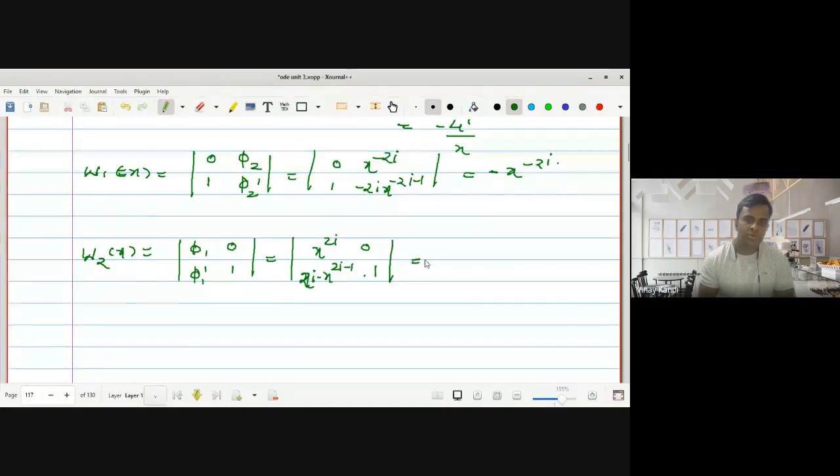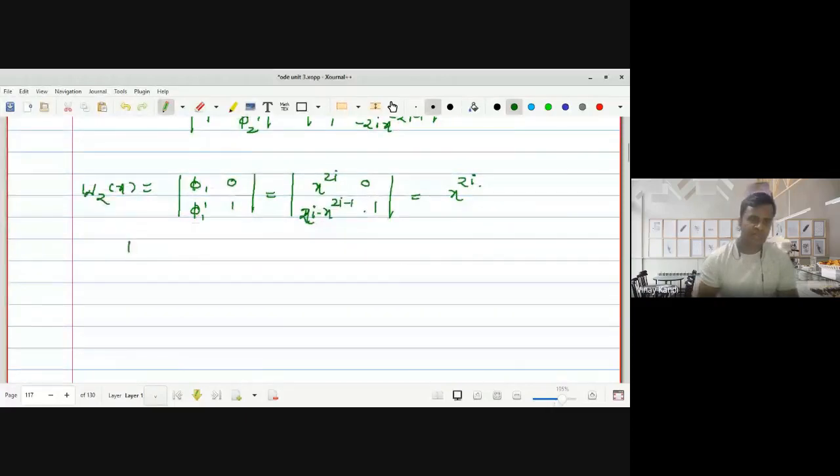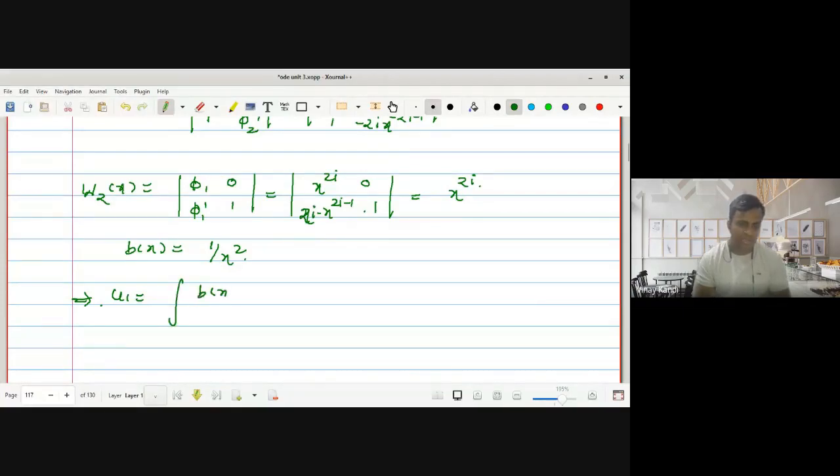So that is equal to x raised to 2i. Now what is the b of x? b of x is equal to 1 upon x square.